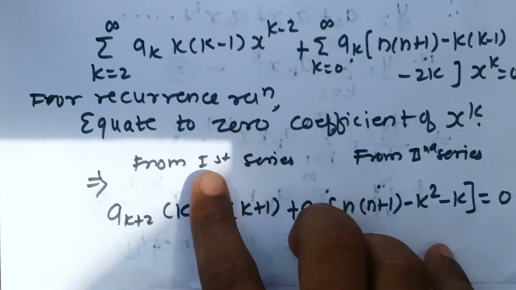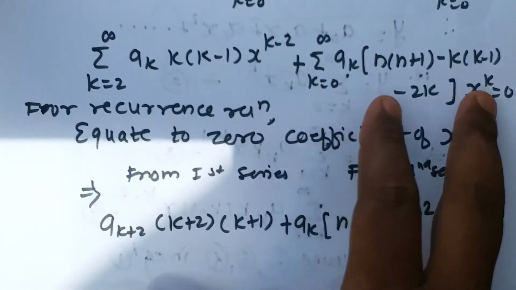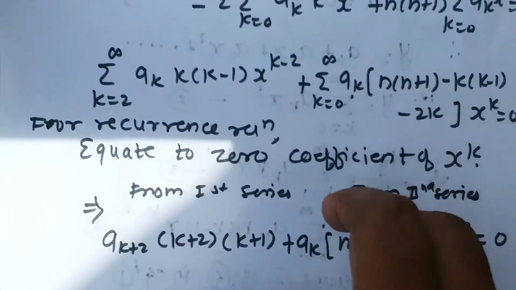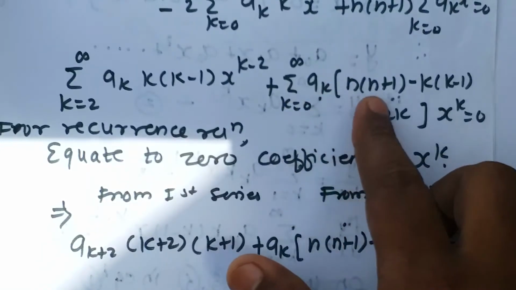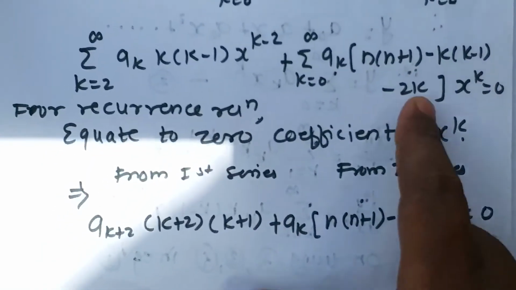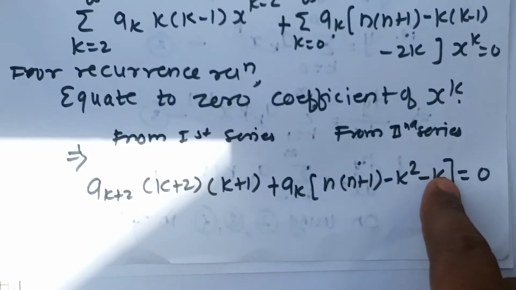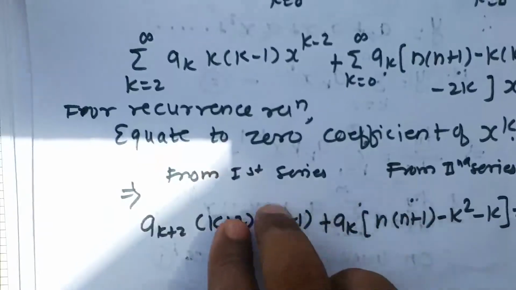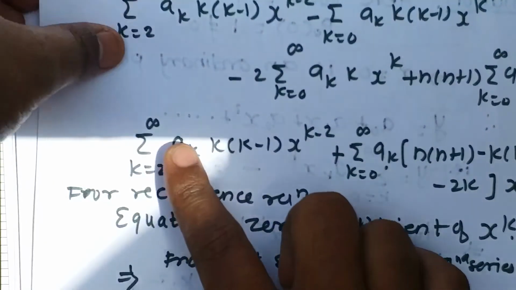Now here I have written from first series and from second series, means I have determined the coefficient of x raised to k from the first series and from second series. From the second series it is directly available, ak into n plus 1 minus k into k minus 1 minus 2k. After simplification, that will be equal to ak into n plus 1 minus k square minus k. Okay, and from the first series, it is starting from k equal to 2 to infinity, right?